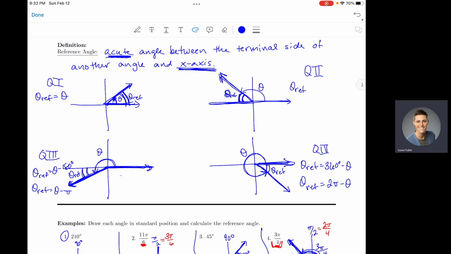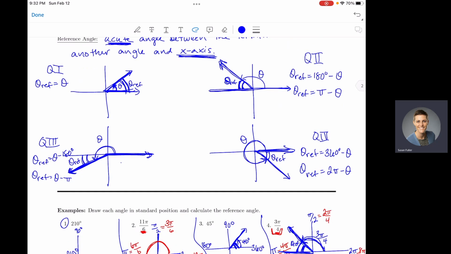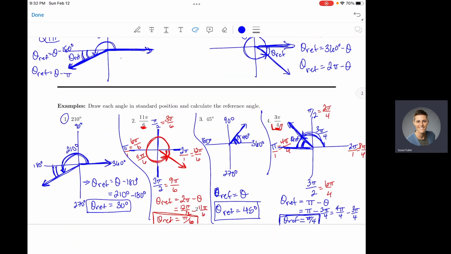So theta ref is going to be 180 degrees minus theta, or if we are in radians, it will be pi minus theta. How far short of 180 degrees are we? That will tell us our reference angle. All right, so this is how we calculate reference angles.